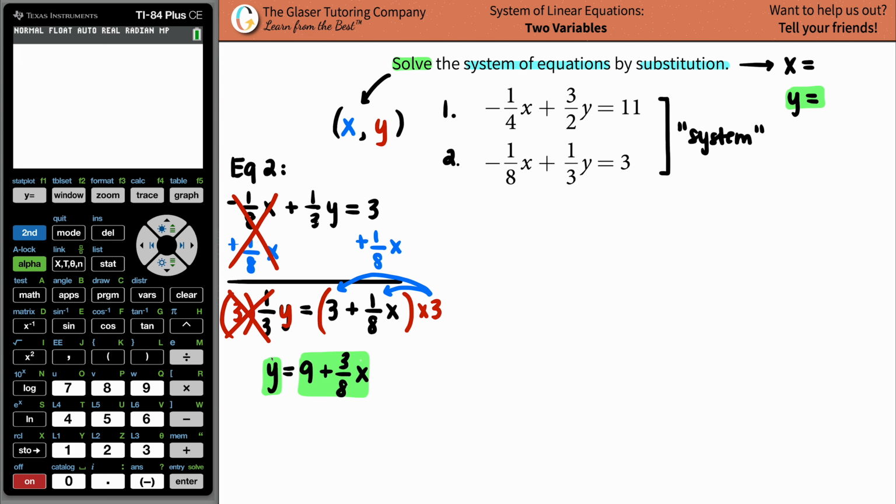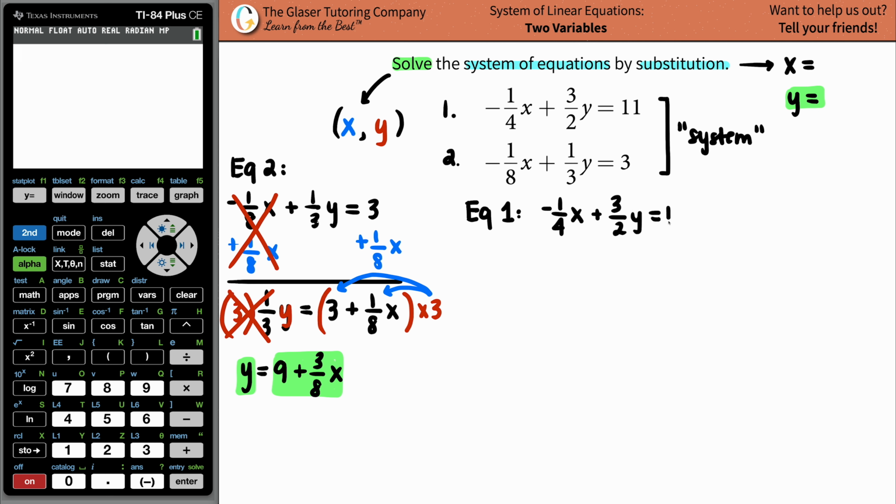Now what we're going to do is use this information and plug it into the other equation. You can't take this information and plug it into the same equation that you just did. The units are going to cancel out. So instead, since we used equation 2, I'm going right in for equation 1. So I'm just going to write that out. Equation 1 was negative 1/4 x plus 3 over 2 y equals 11.